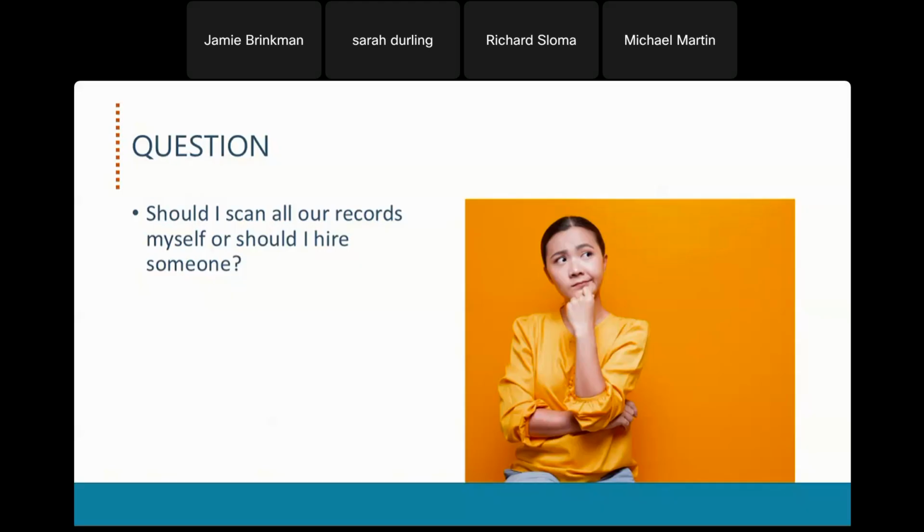Those are things to consider when you're deciding what records should be imaged versus maybe ones to hold off on, versus maybe you don't want to worry about scanning those because paper works just fine.